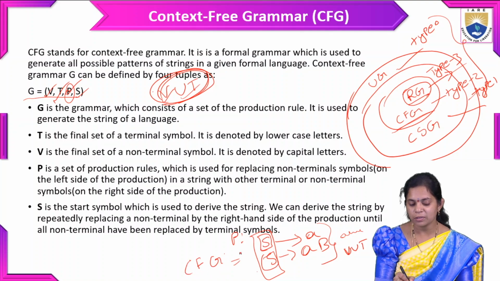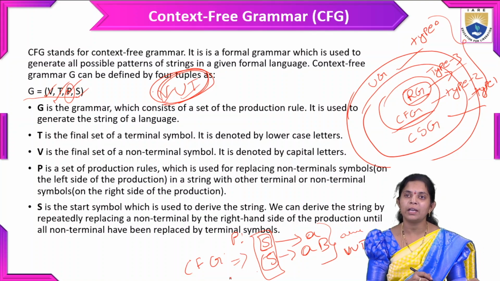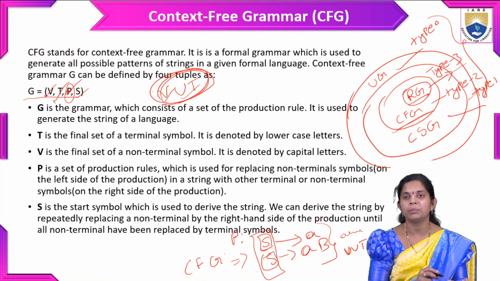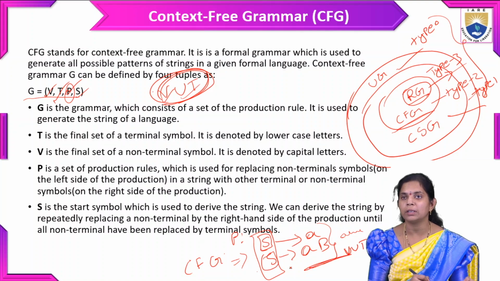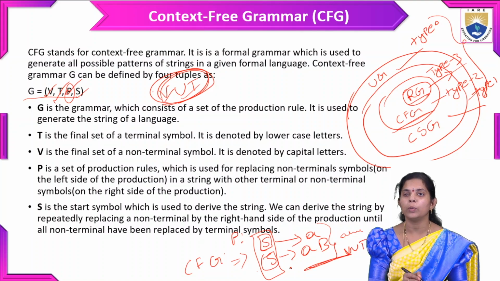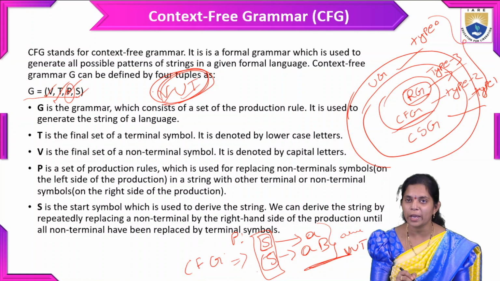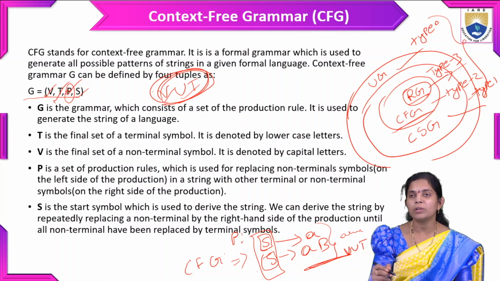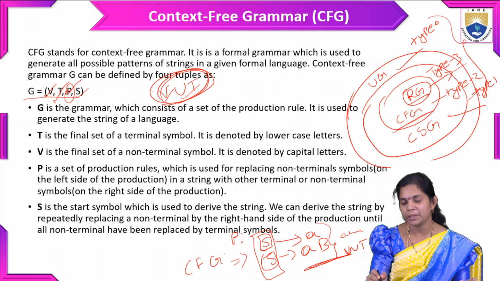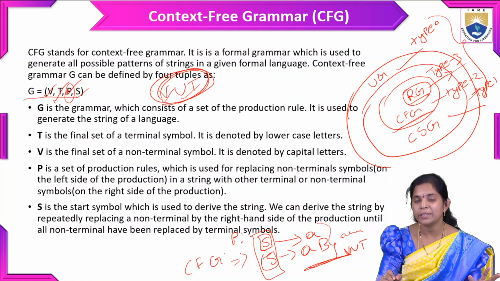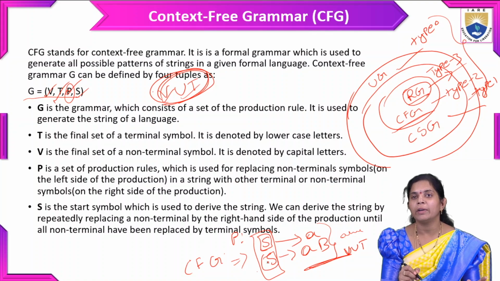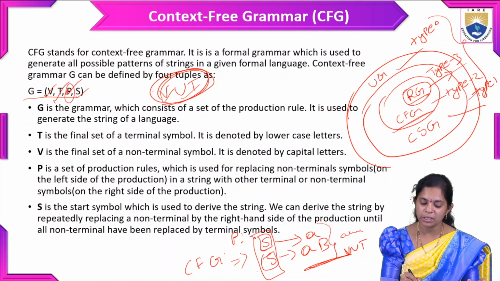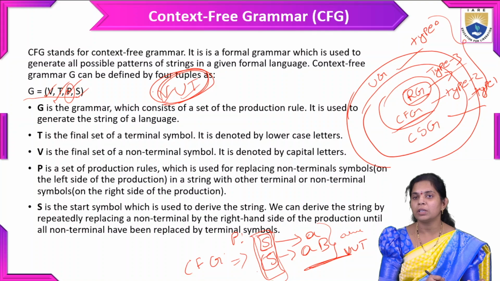It has only a single non-terminal on the left-hand side, and the right-hand side is a combination of both terminals and non-terminals, or only a single terminal is also accepted. This is the basic thing we need to understand. On the left-hand side, for every production, we will have a single non-terminal.